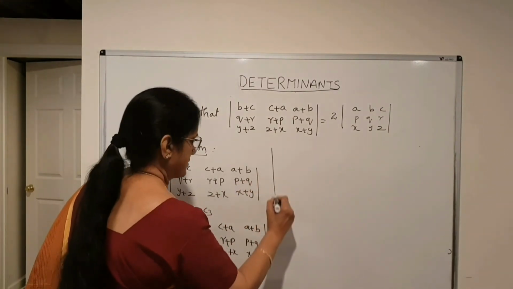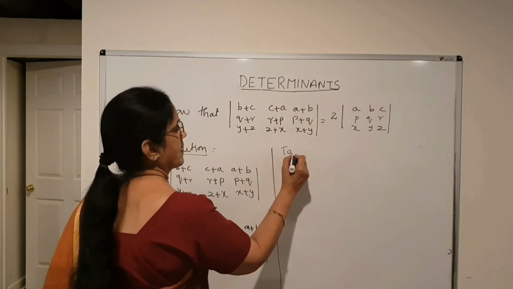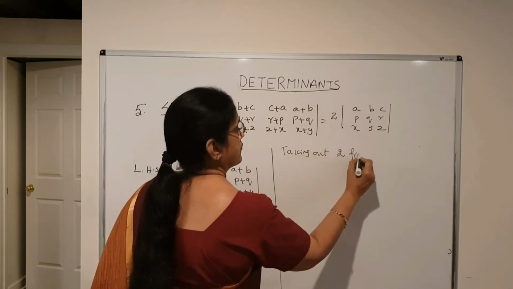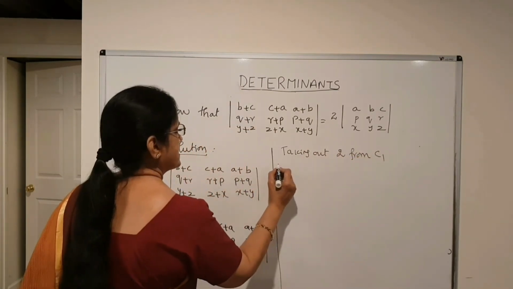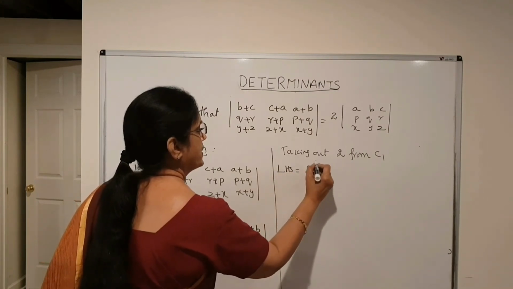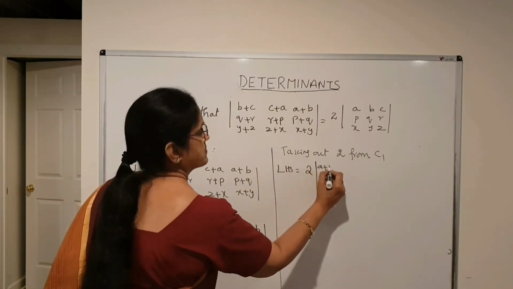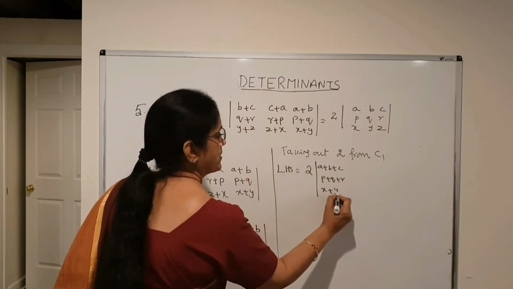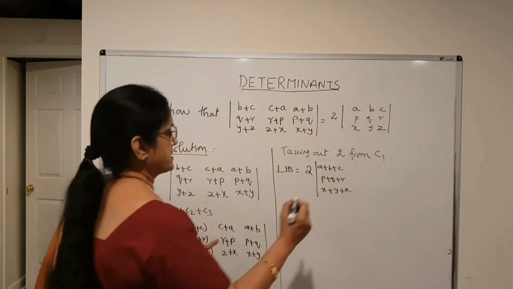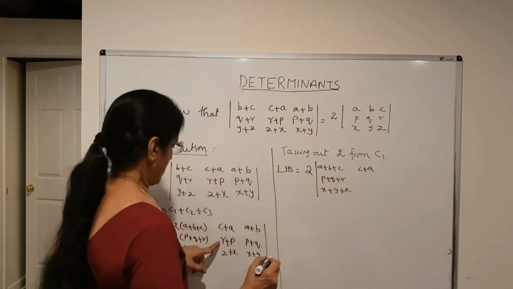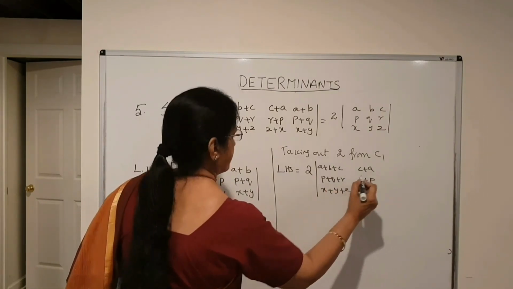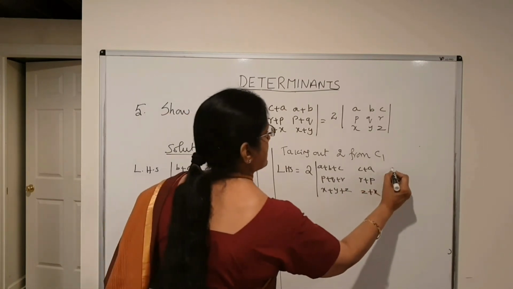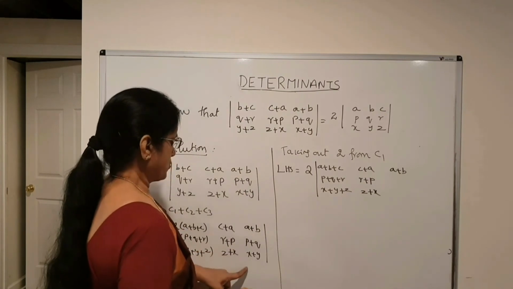So, taking out 2 from C1, I will get LHS equal to 2 into determinant A plus B plus C, P plus Q plus R, X plus Y plus Z, then C plus A, R plus P, Z plus X, then A plus B, P plus Q, X plus Y.